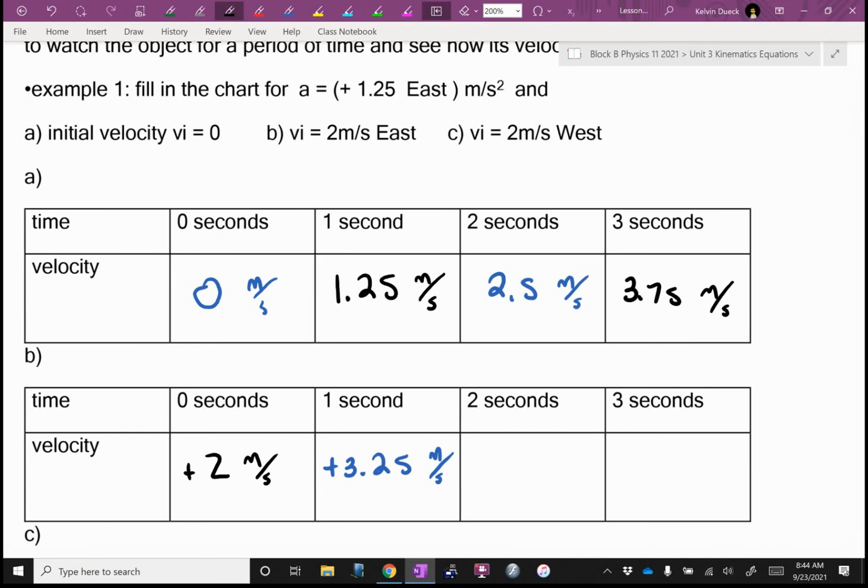Is that right? What are we really doing? I think we're just adding 1.25 every second. Okay. So I think after 3 seconds, it would be, well, what would it be? And again, you can either do this in your head or use a calculator. I don't care, but what? Good.